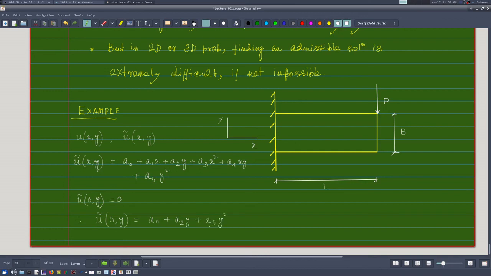This is the only equation I have to apply the essential boundary condition, where I have three unknowns: a0, a2 and a5. Now how can I find these values? There is no obvious way, right?